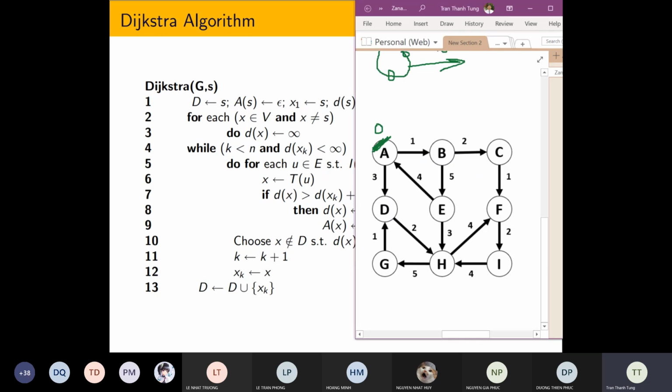Here we have two edges from A, going outside of the marked set to B and D. So we take one of them.